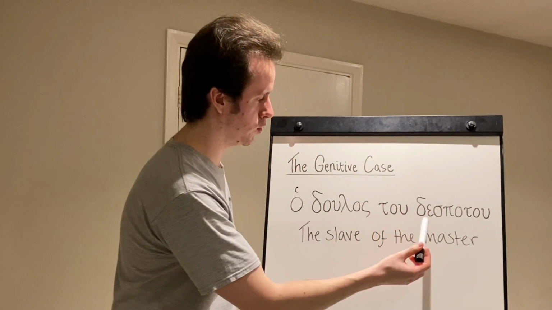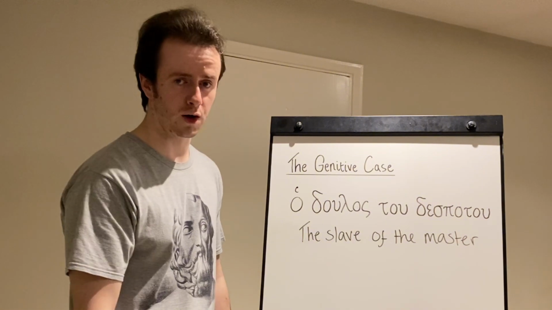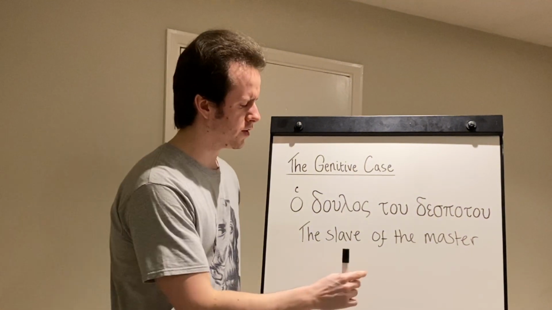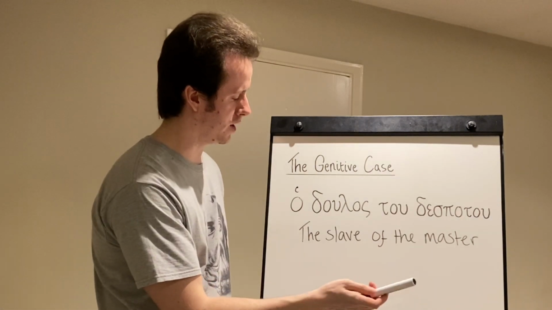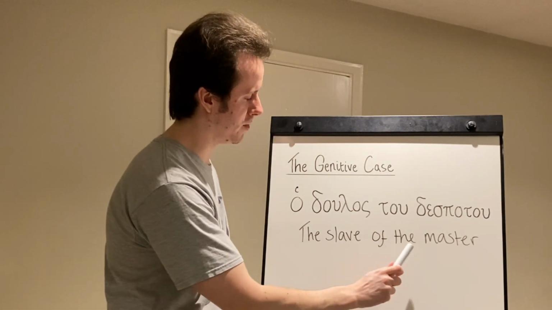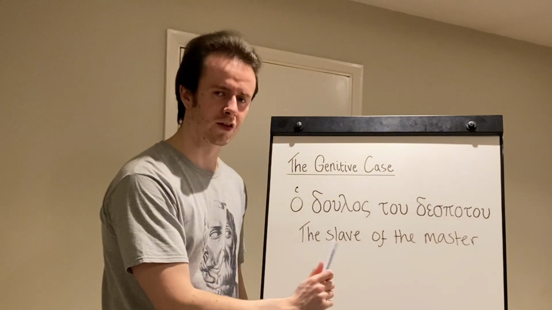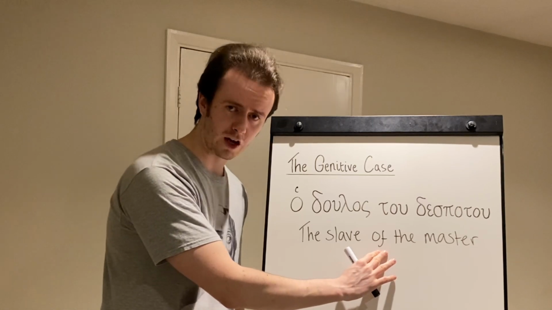Because tou despotou is in the genitive, we have just put "of" before it in our translation. So we might ask ourselves, what sense of the word "of" is being used here? What we mean when we say the slave of the master is that the master owns that slave. So this is "of" in the sense of possession.